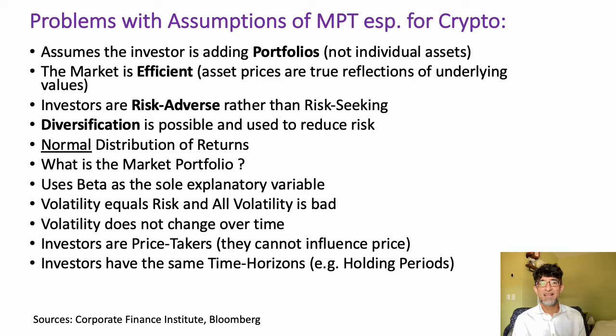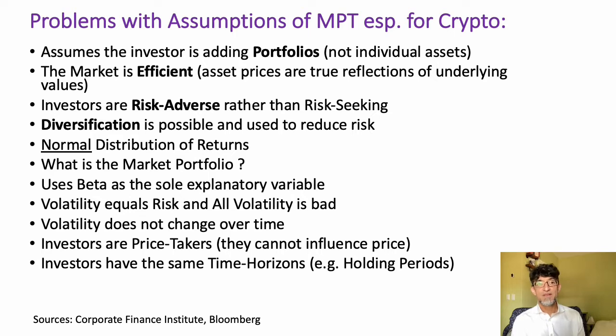Why? Because we have something like 19,000 coins. But you know what? You cannot use individual coins to diversify in MPT. It's about portfolios, so it's not going to work.